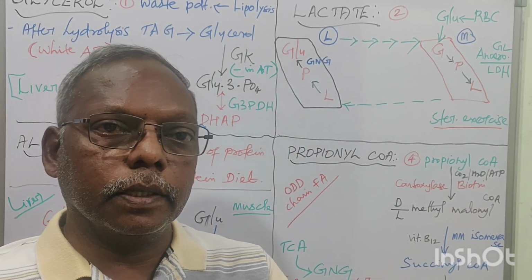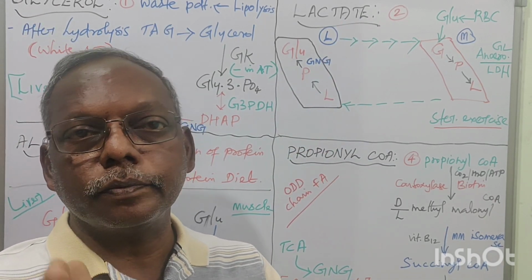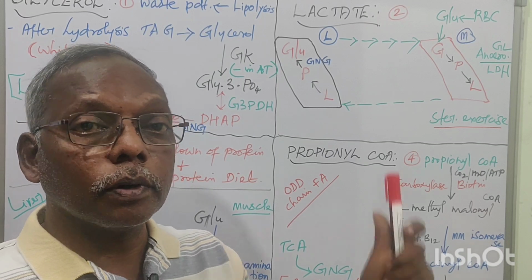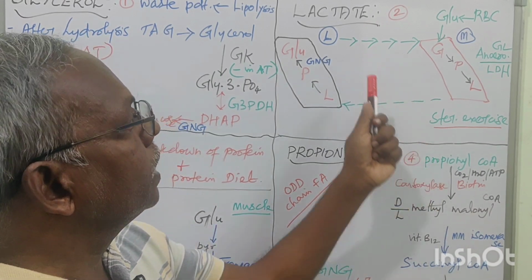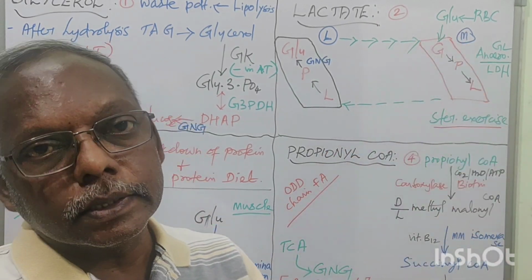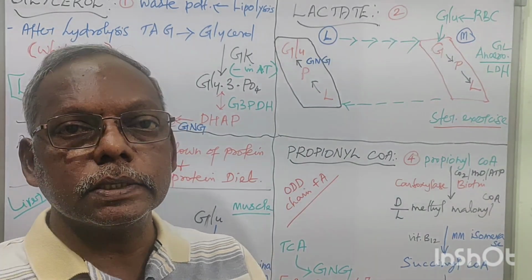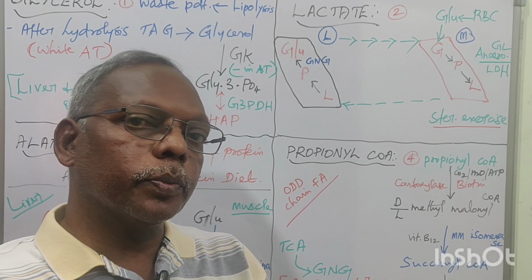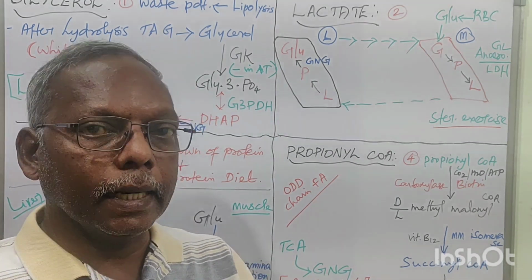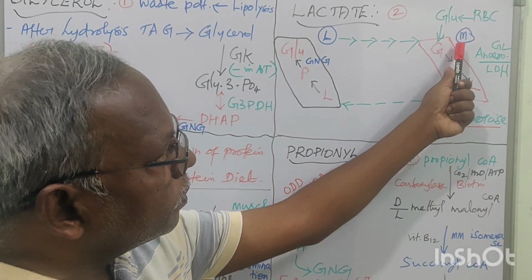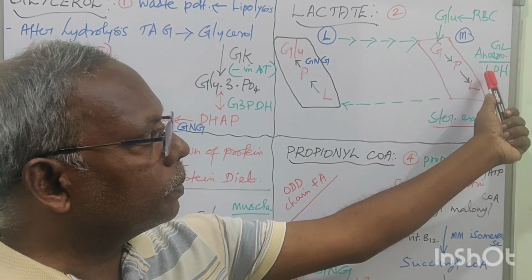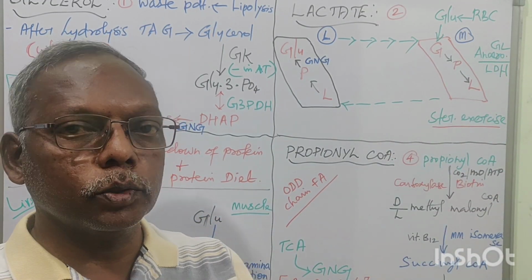Second one is lactate. You all know the end product of glycolysis is pyruvate in aerobic conditions. In anaerobic conditions only lactate is produced. In the situation of strenuous or vigorous exercise, the muscle goes for anaerobic glycolysis and produces lactate, right? In muscle, glucose produces pyruvate. Pyruvate is converted into lactate with the help of the lactate dehydrogenase enzyme.